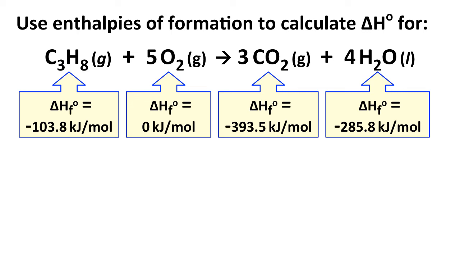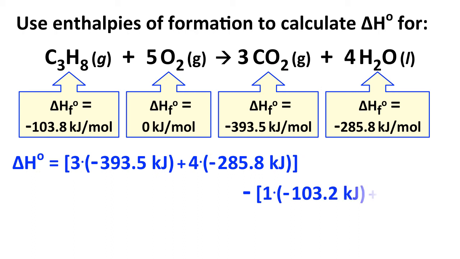Now, to get the delta H for the reaction, we sum up the products. CO2 has a negative 393.5 kilojoule per mole enthalpy of formation. We multiply that by its stoichiometric coefficient of 3 moles.